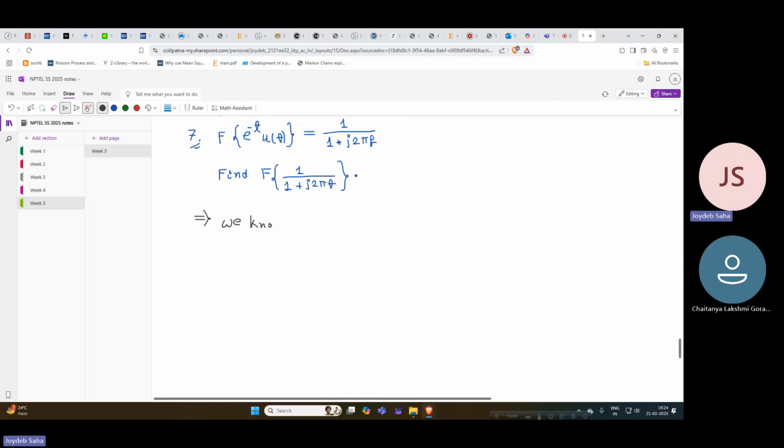From the duality property we know if x(t)'s Fourier transform is X(omega), then capital X(t)'s Fourier transform is 2 pi x(minus omega).